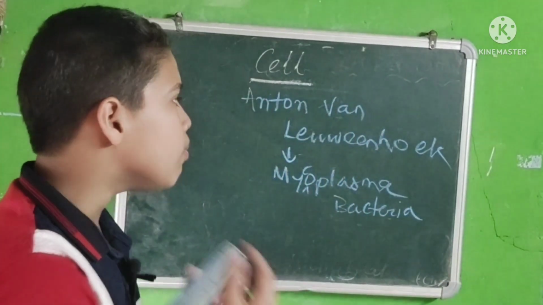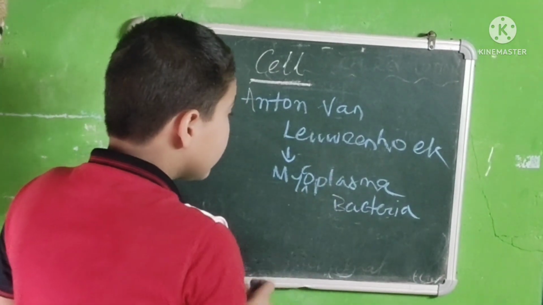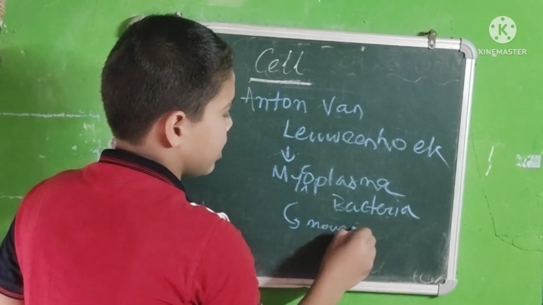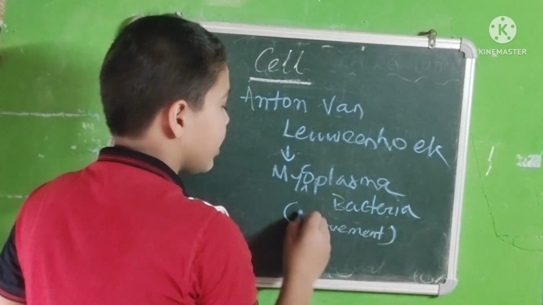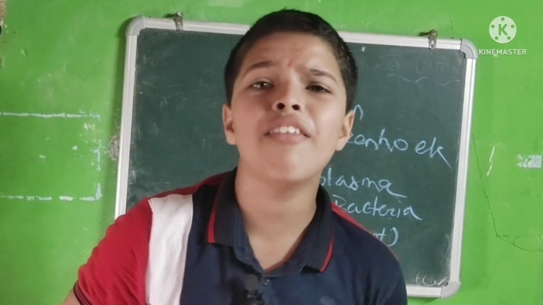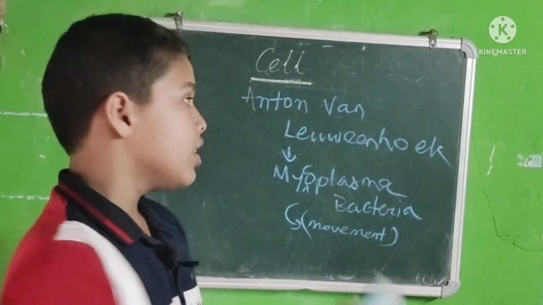He said, I have found something else: there is a movement in it, and that means there are also living cells. His statement just changed the whole world. There were many discoveries leading to it.